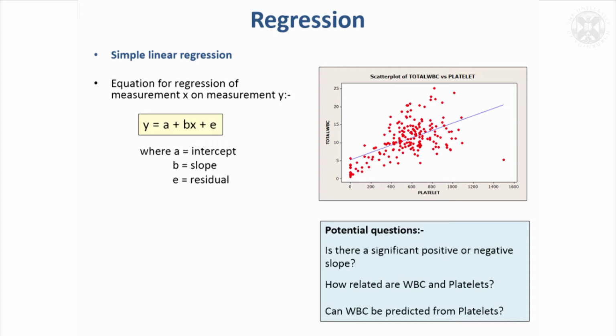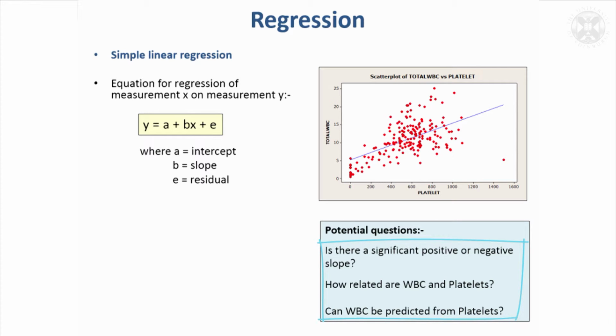And so regression can be used to answer a few different questions, and depending on what you want out of your data. You might want to simply say, is there a significant positive or negative slope? So that's really saying, have I got significant correlation between my two values? And it will come up with a p-value to test that hypothesis. It quantifies how related white blood cell counts and platelets are, because it gives you this slope, and also you can get the correlation coefficient from it.